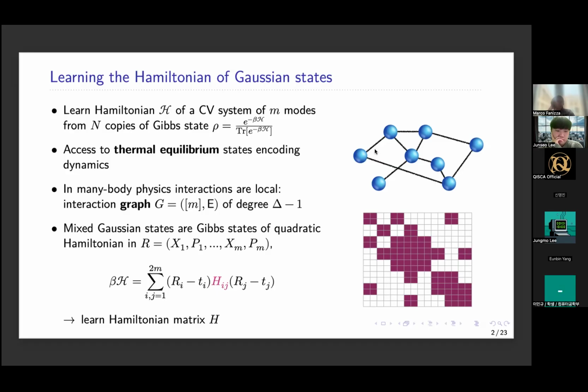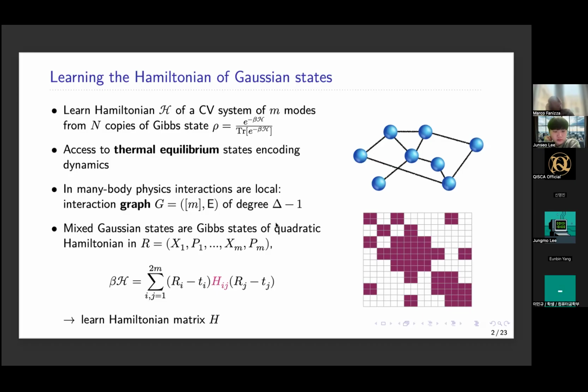And E is the set of edges that connects two vertices if there is an interaction term connecting those two vertices in the Hamiltonian. And we want to limit the degree of locality, which is measured by the degree of the graph, where the degree of a vertex is the number of edges attached to the vertex, and the degree of the graph is the maximum of the degrees of the vertices. So in this case, we will denote the degree as delta minus 1.